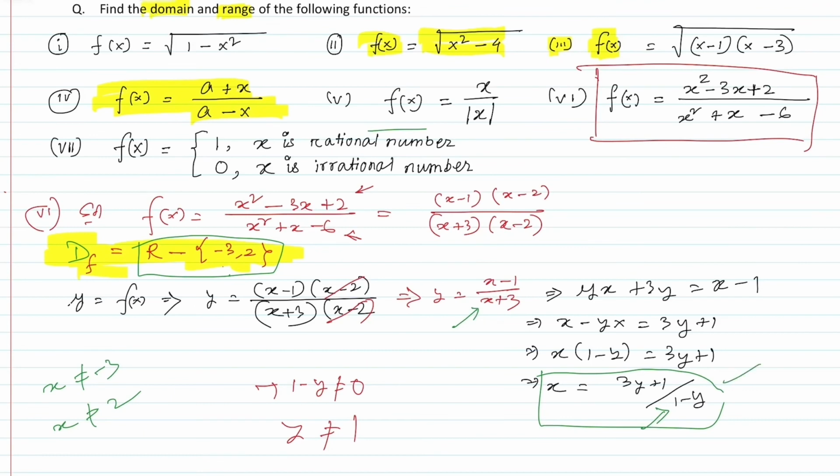That means in this expression we can say there is no value of y for which x is equal to minus 3. But there may be a value of y for which x can be equal to 2. Because in this function, if you put x equal to minus 3, the function is not going to be defined.